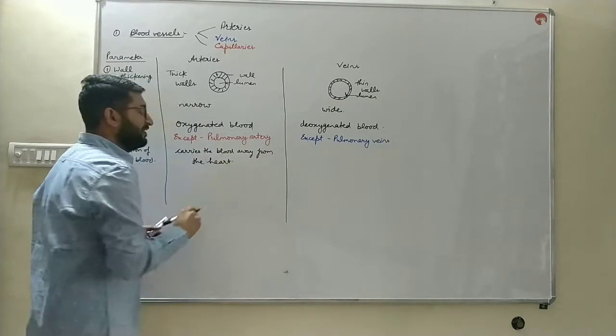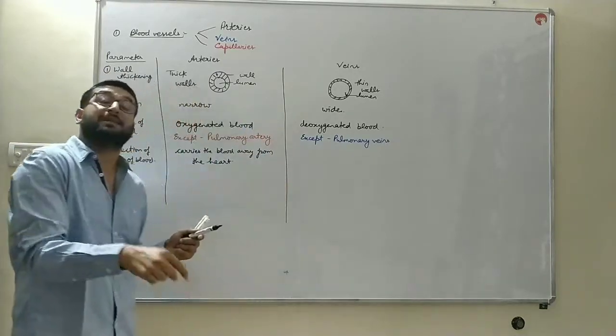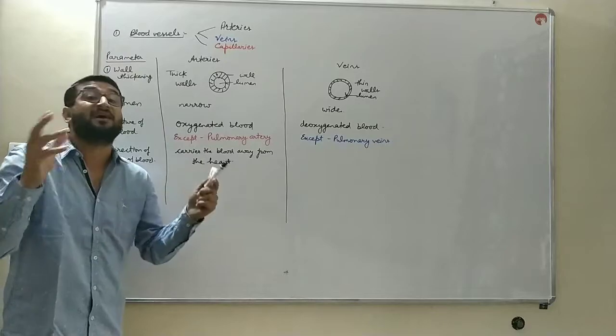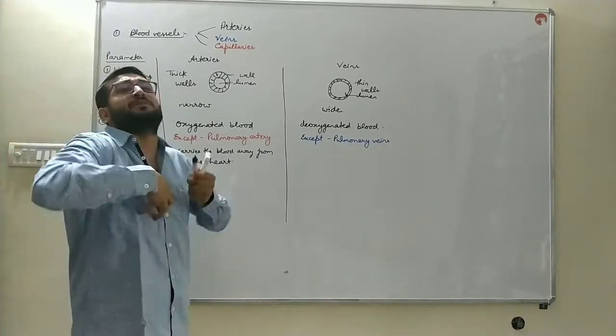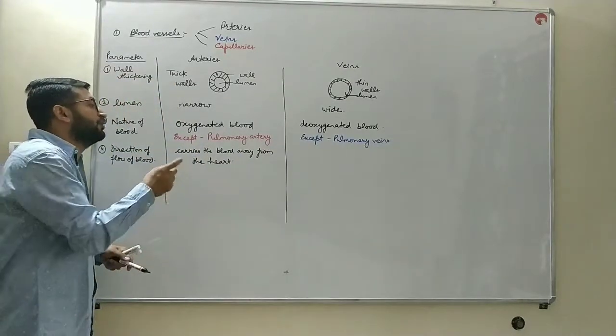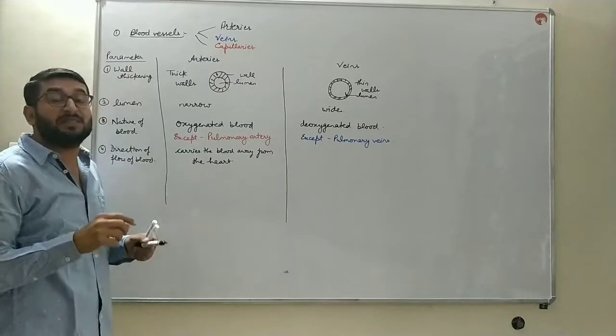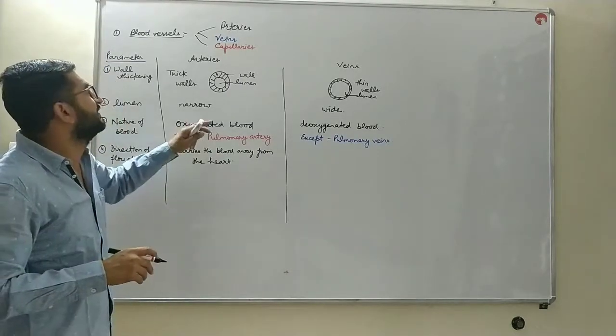That means whensoever the heart contracts, the blood goes into the arteries. That is why the pressure in the arteries is quite high. Whensoever the heart contracts, it sends the blood away from it in high pressure, and that is why the arterial wall is quite thick.